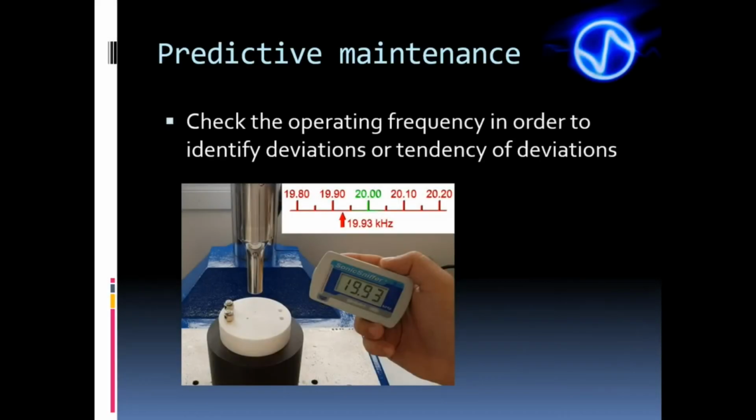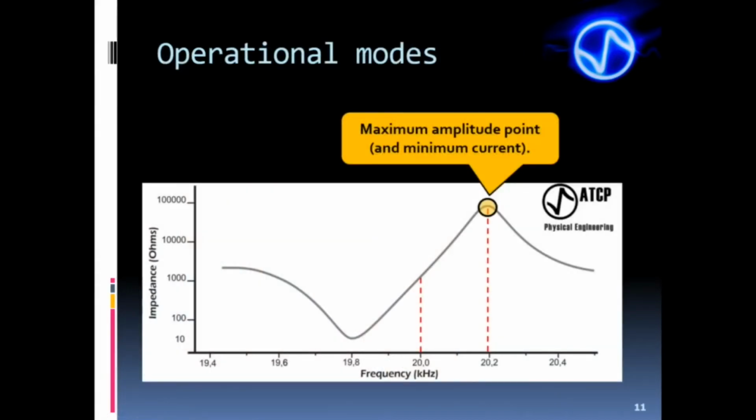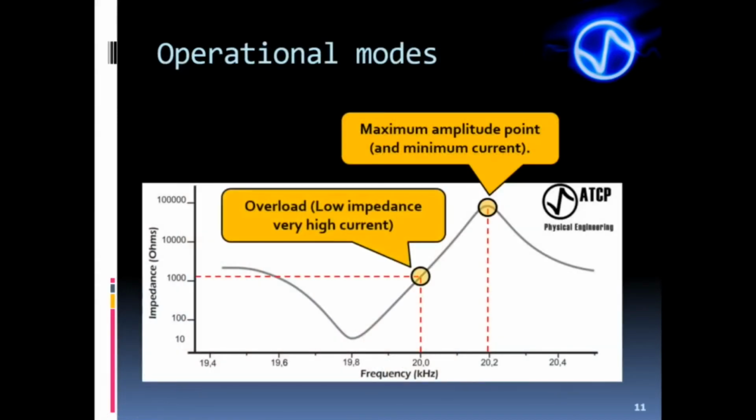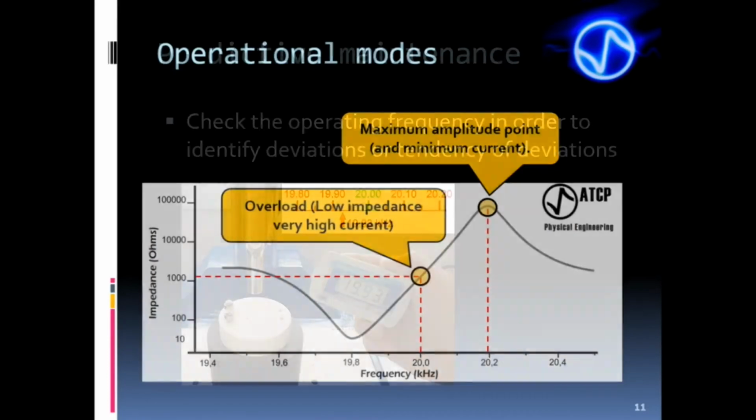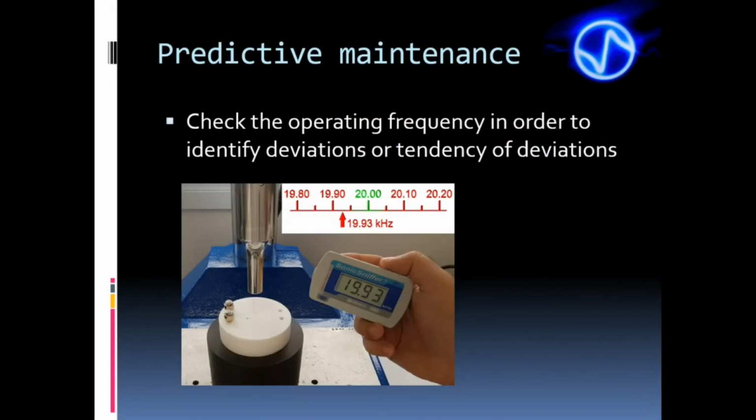To ensure that acoustic stacks work properly, and to ensure tuning and coupling, we must follow some practical procedures. The first one is predictive maintenance, via monitoring of the stack frequency. We learned in the Fundamentals module that a tuned stack is a necessary condition, so it's essential to monitor the operating frequency of the welding machine in order to detect deviations or deviation trends in the running frequency.